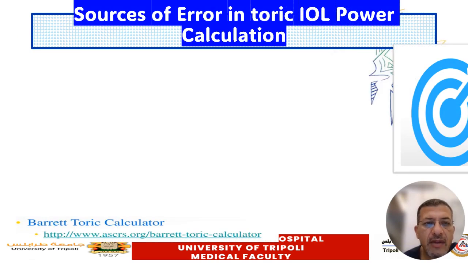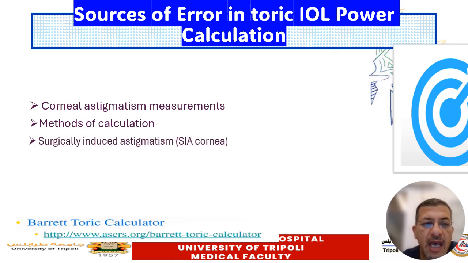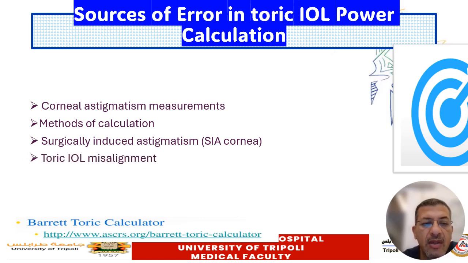Before I speak about the different Toric IOL calculators, I just want to remind you about the sources of error in the Toric IOL calculation. Now, after you understand the problem of corneal astigmatism, the anterior and posterior surface, the dilemma in measurement and the different machines that measure the anterior or posterior surface, and also the surgically induced astigmatism and how we can predict it, and also the alignment of the toric IOL.